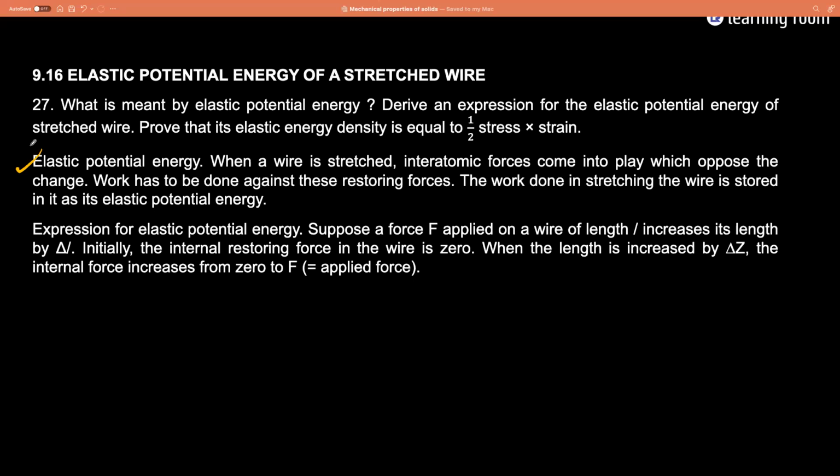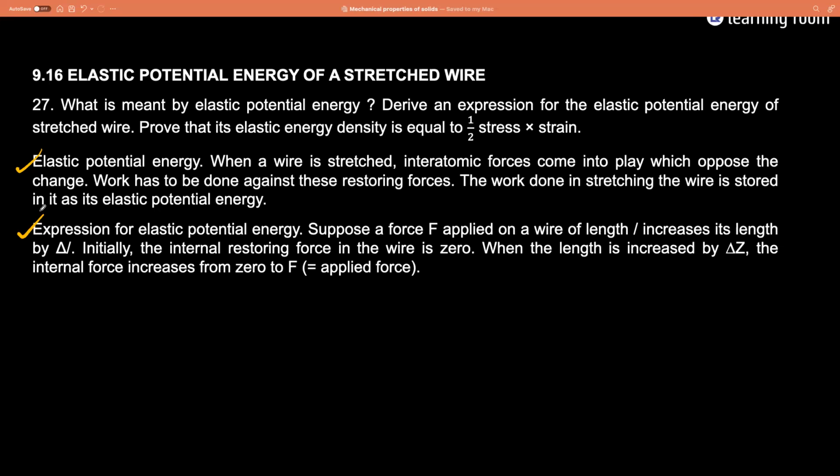Now read the definition, you can understand. The work done in stretching the wire by overcoming the restoring force is stored in the material as elastic potential energy. Now our job is to derive an expression for it.